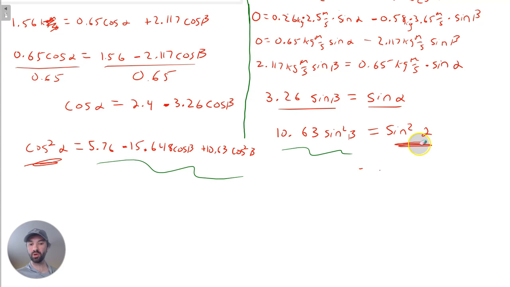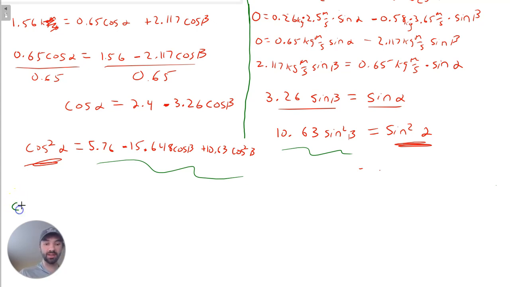All right, so now we're going to combine the cosine squared alpha and sine squared alpha, and then combine the sine beta and the cosine beta. If you remember from trig identities, sine squared plus cosine squared equals 1, so we're going to be able to use that identity to help us. We're going to put like terms all together.